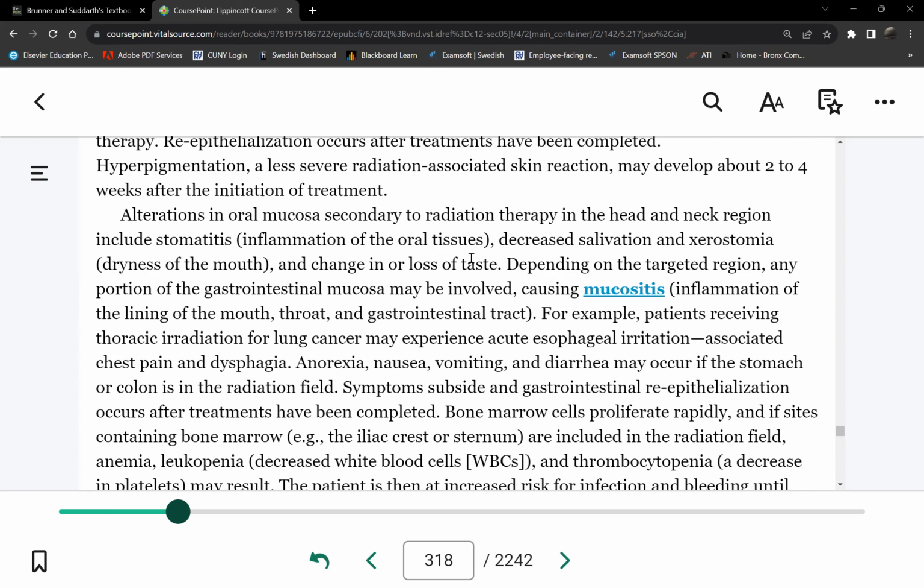You'll have mucositis everywhere. So that affects nutrition, correct? And once the patient stops eating, now what? They'll lose weight, they'll become malnourished. What happens to immunity? Low. That puts the patient at risk for infection.